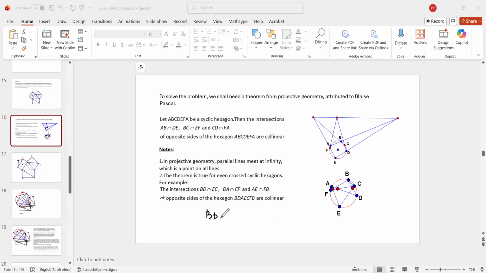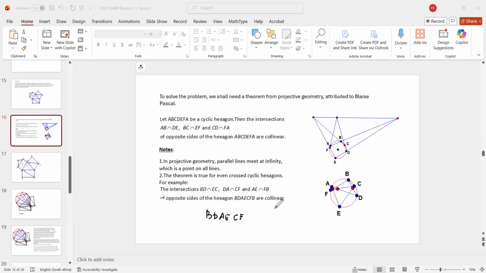B, D, A, E, C, F, and then you come back to B. Now these are just 6 points. This is what you call a crossed hexagon.